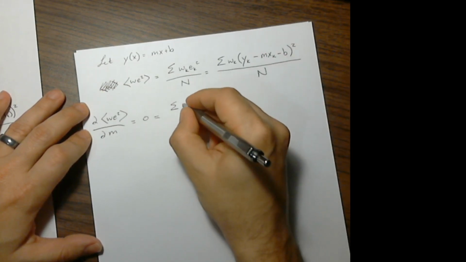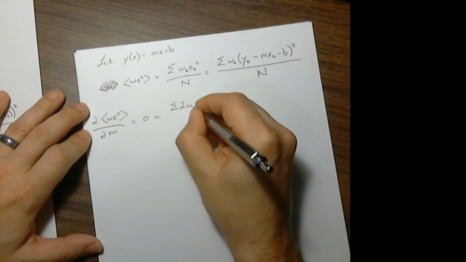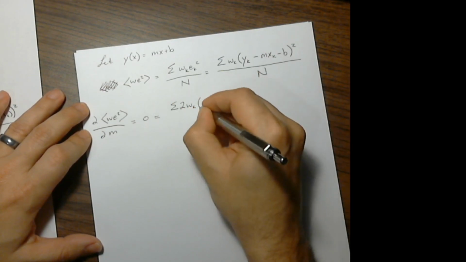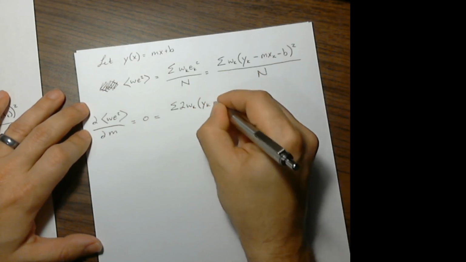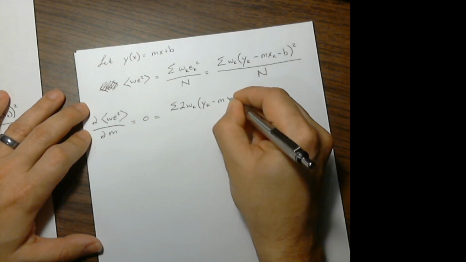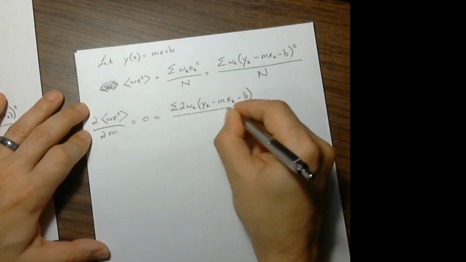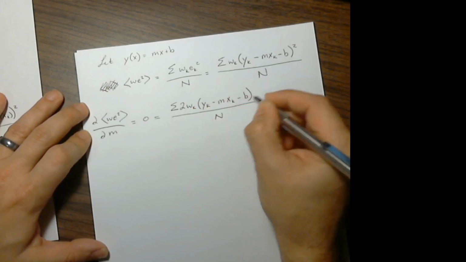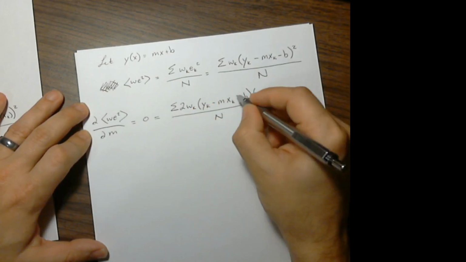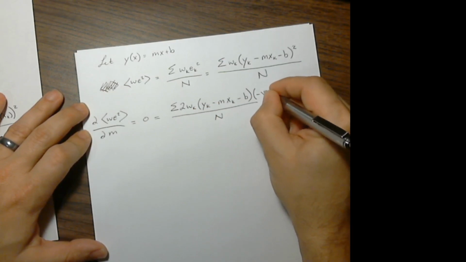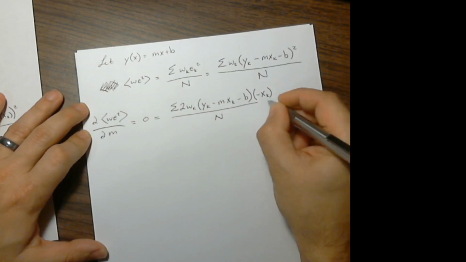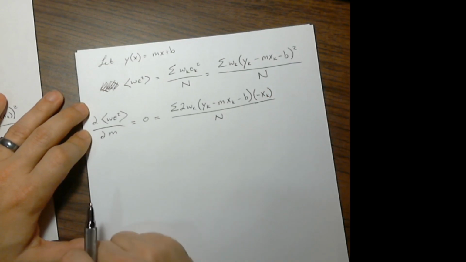I've got to deal with that first. 2 w_k times negative x is the inside derivative. There we go. Not so bad.